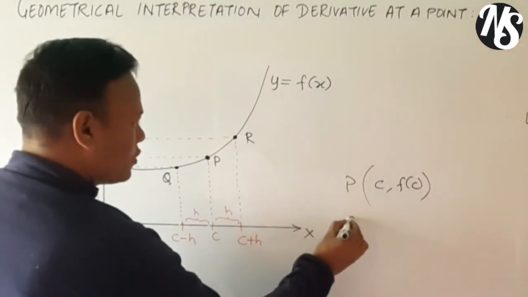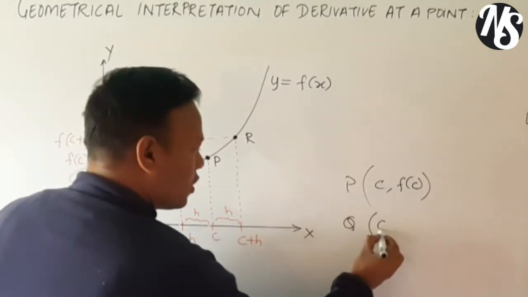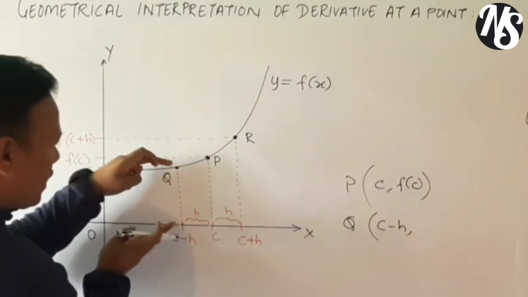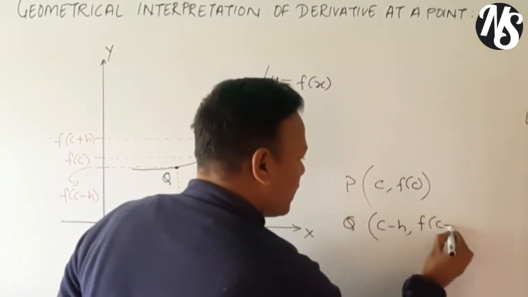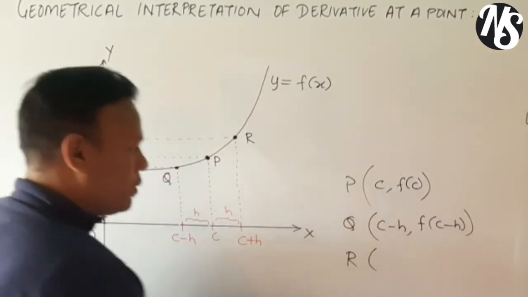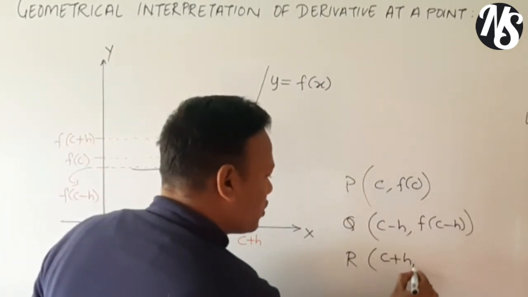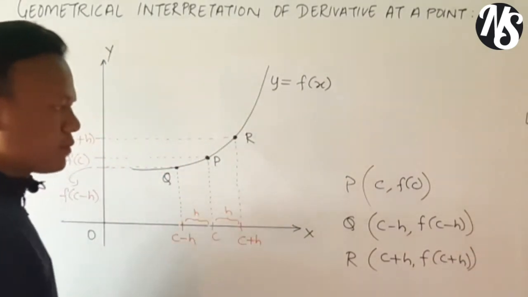Now if I ask you the coordinate of Q, you say this is c minus h, and the y value is f of c minus h. And similarly the coordinate of R will be c plus h comma f of c plus h.